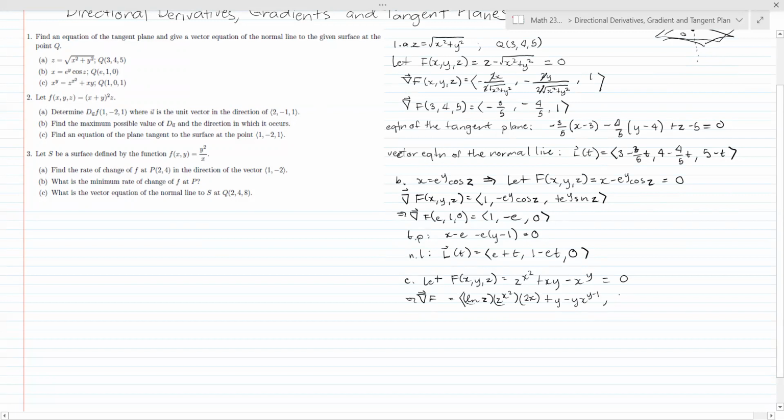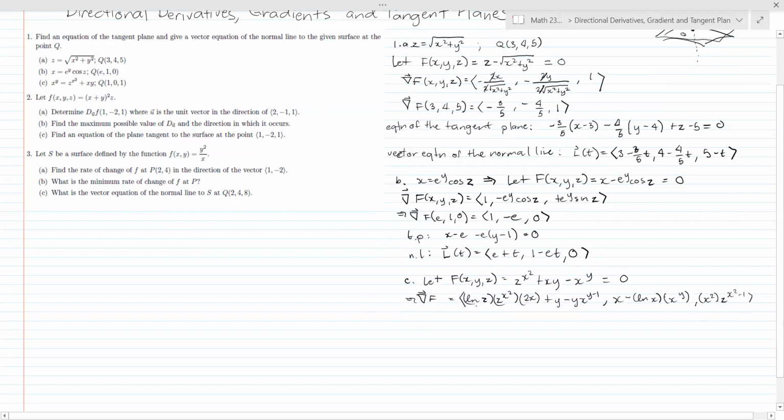And then partial y, this is x to the y minus ln x, x to the y. And then partial z, na makukuha natin ay itself, ay hindi pala. So, z raised to something. So, x squared times z raised to x squared minus 1.